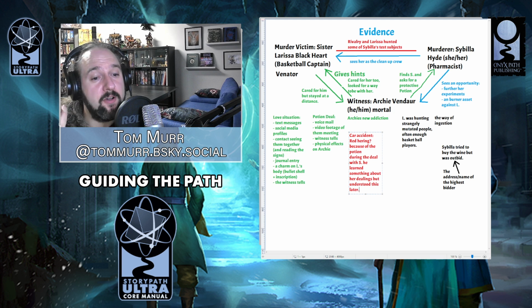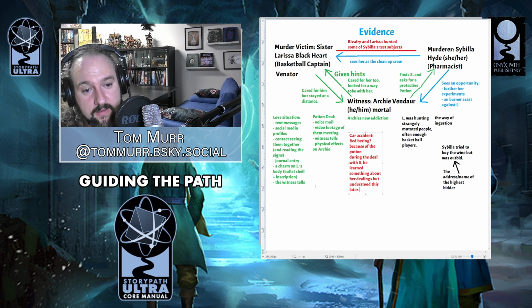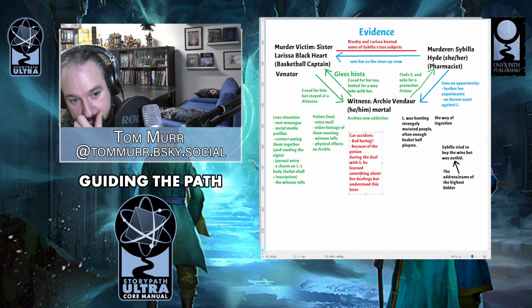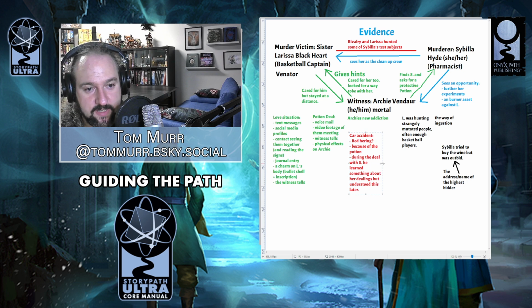So we have three awesome options here. Pure chance or just the accursed nature of Curseborn. Bad things happen to good people.